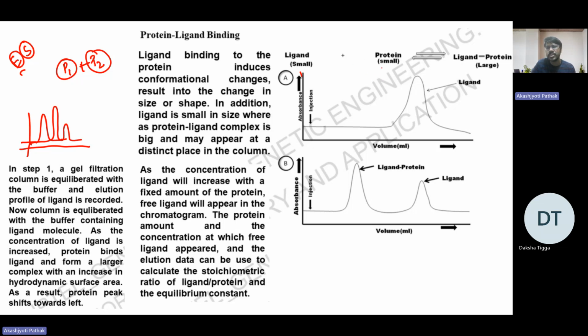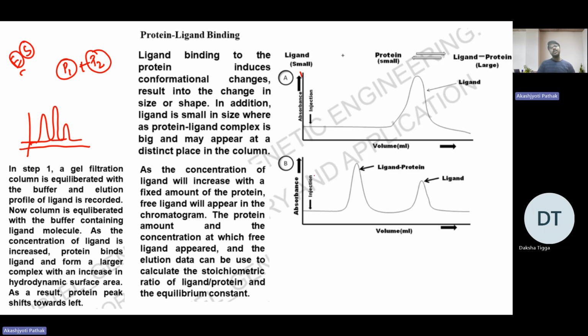As you increase the concentration of the protein, your protein will start to form a complex with the ligand. And as a result, you will start seeing a peak which has a higher molecular weight than the ligand and the protein, and hence appears earlier than the peak of your ligand.